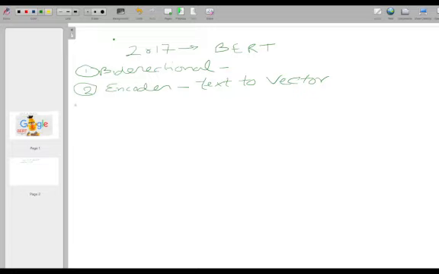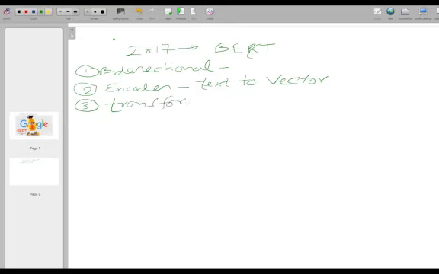Then the third thing is: Bidirectional Encoder Representations from Transformers. Representation, you all know, means we are going to represent the text as a kind of vector, and using transformers is a very important thing.